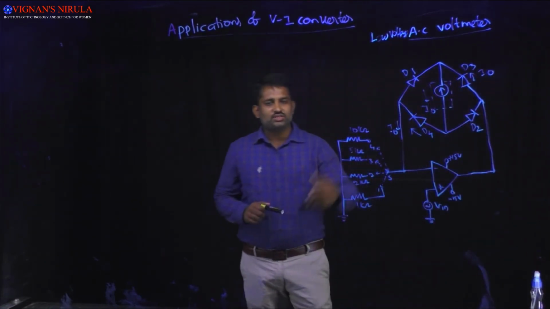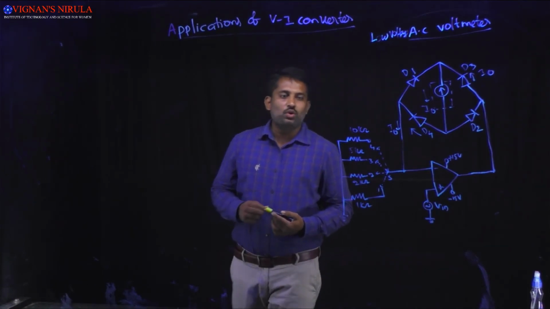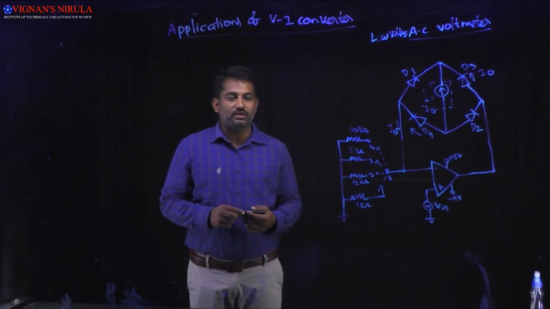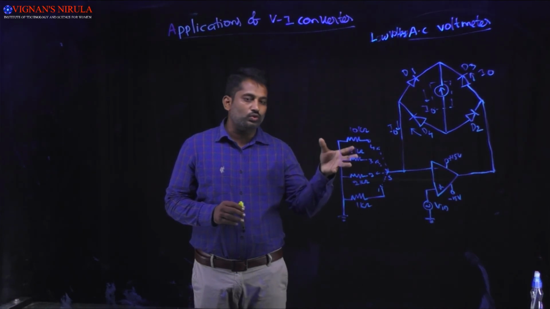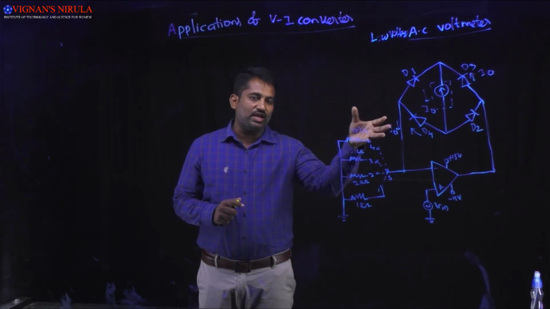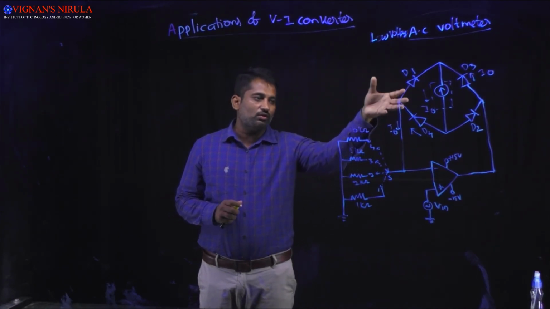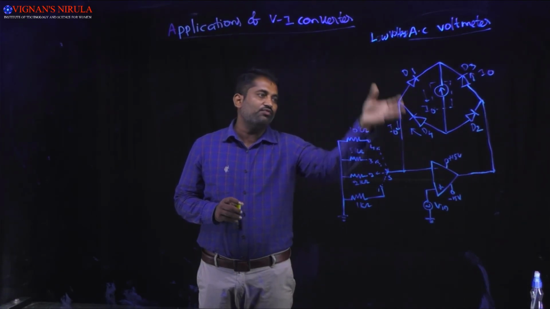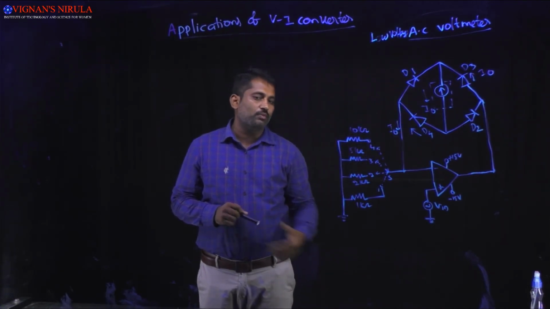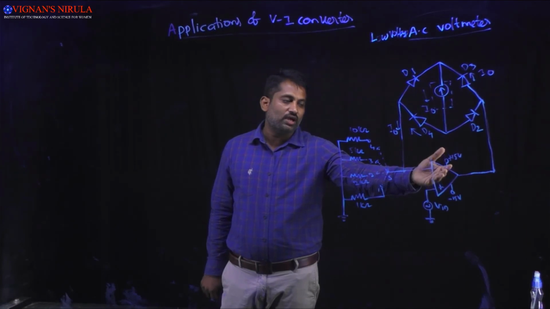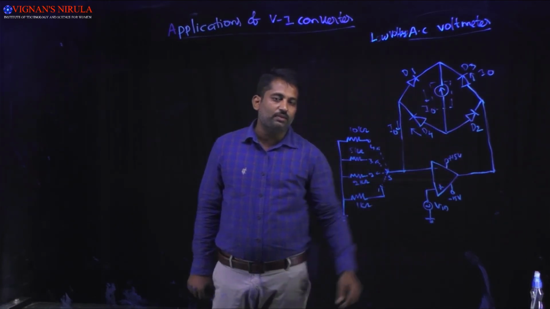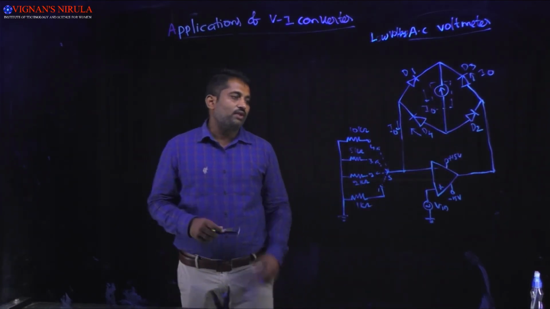Now in this case we are going to see the low voltage AC voltmeter. Here we are going to use the full wave bridge along with the D'Arsonval meter connected in the feedback path to the op amp. Here also we are treating it as a floating type V to I converter.